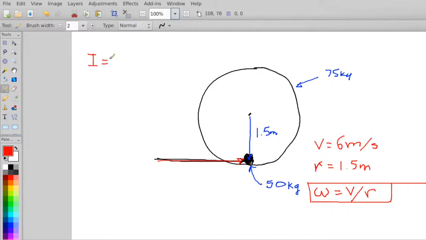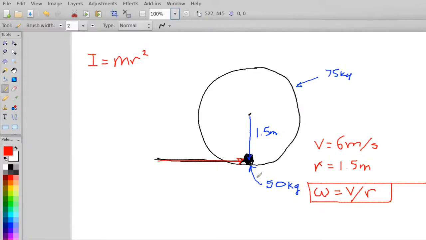You remember, there's moment of inertia formulas for cylinders, for spheres, for rods and things like that, but there's also moment of inertia formulas for a bunch of point masses that are at some radius, and that's mr squared. If you've got something like a dumbbell, you might have mr squared for one mass plus mr squared for another mass, but here we have just one mass associated with the child.